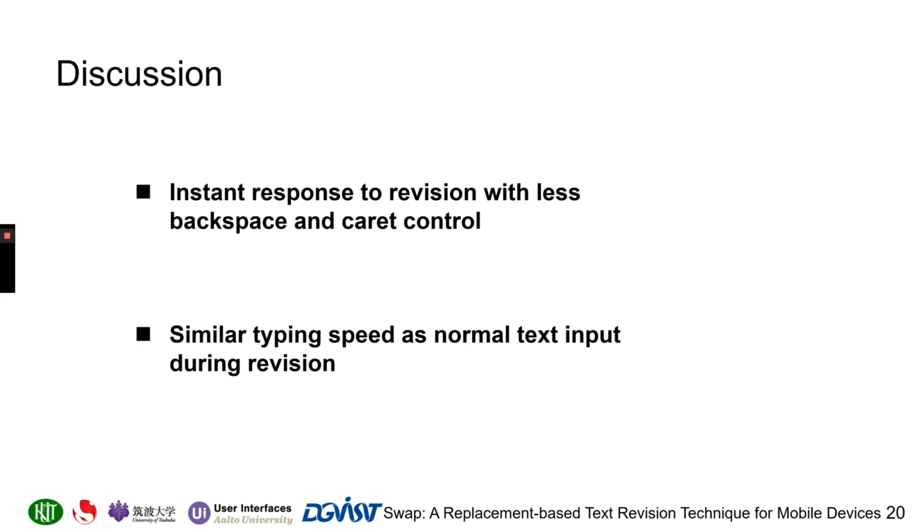This behavior ruins fluid typing and thus reduces the typing speed. But our technique avoids the repetitive use of backspace and cursor control and enables users to keep on typing at their regular typing speed when they find the target. Thus, it could improve the overall text revision performance.